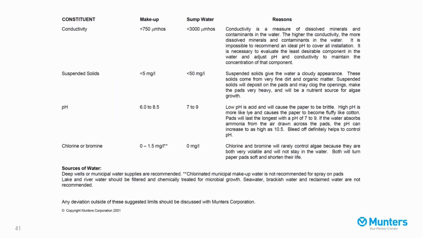Like the pH here, we want to run a 6 to 8.5 pH. Low pH is acid and will cause the paper to be brittle, but a high pH is more like lye and can cause the pads to become fluffy, and will not allow enough air through the system.